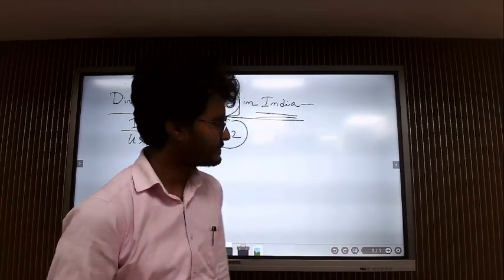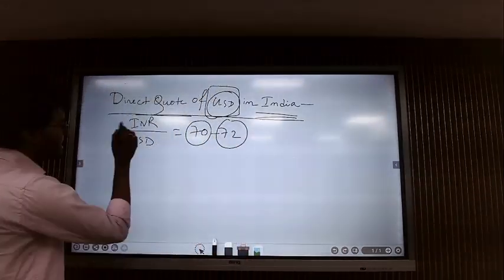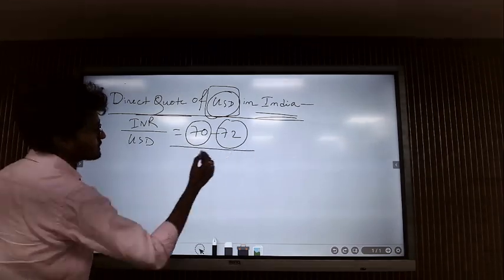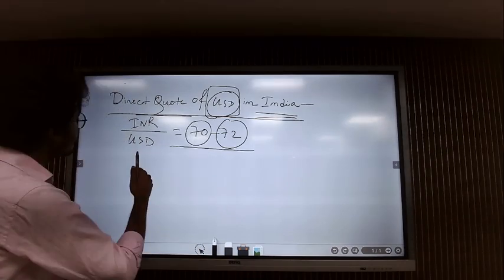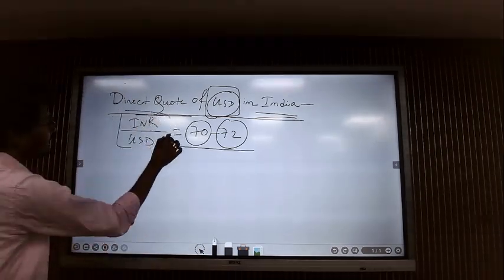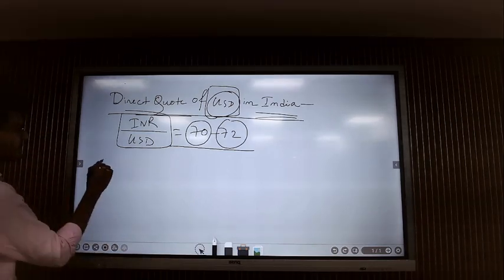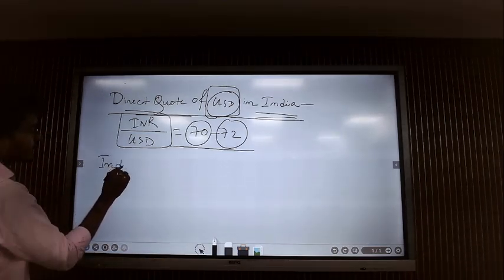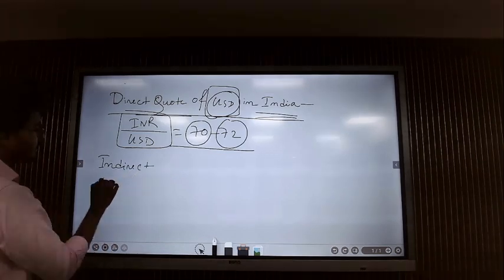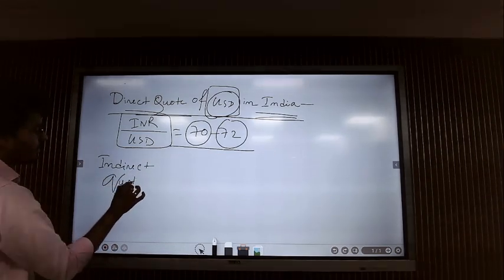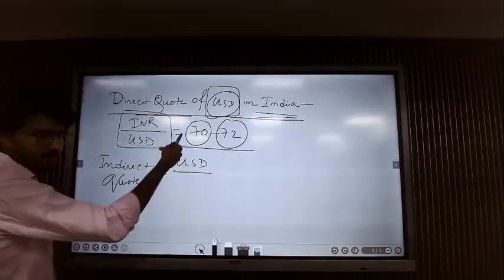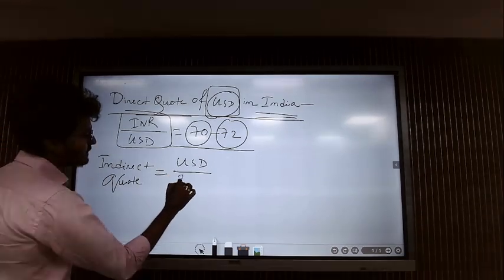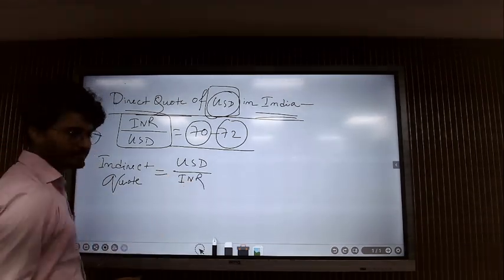So how do we calculate the corresponding indirect quote of this quote? The indirect quote of INR and USD is just the reciprocal, USD by INR.